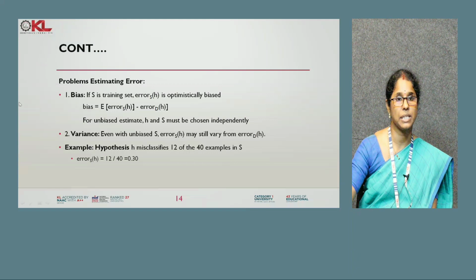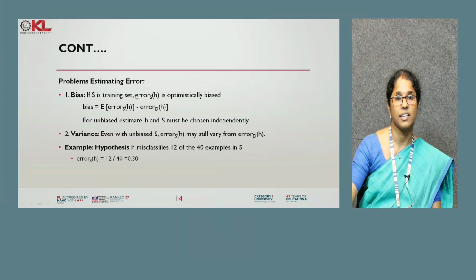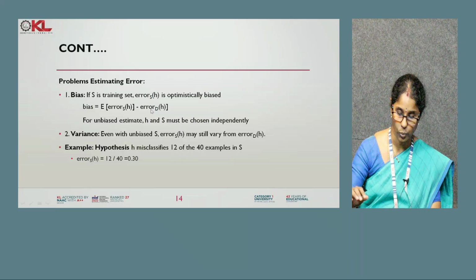Problem estimating error: you have bias and variance, which we have already talked about. If S is a training set, the sample that you have taken, then error_S(h) is optimistically biased. Bias is equal to the error of a particular sample minus your true error. So it is your sample error minus true error.